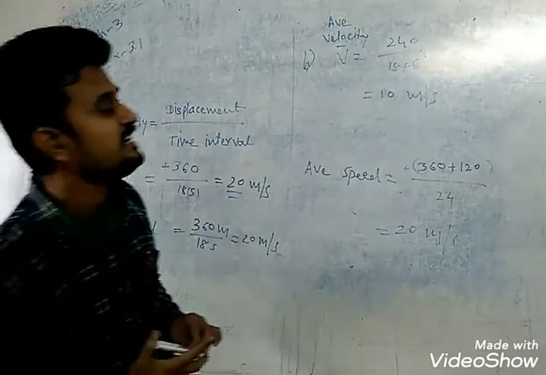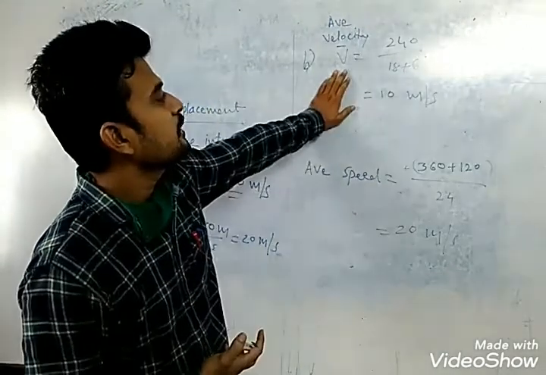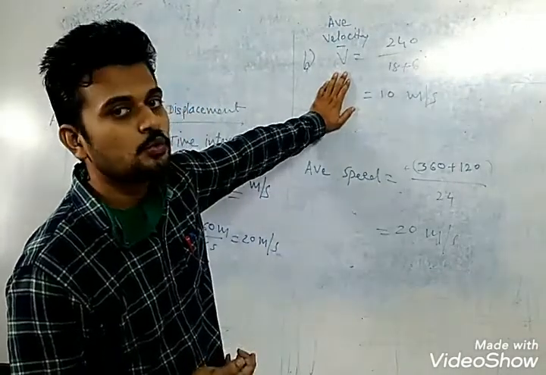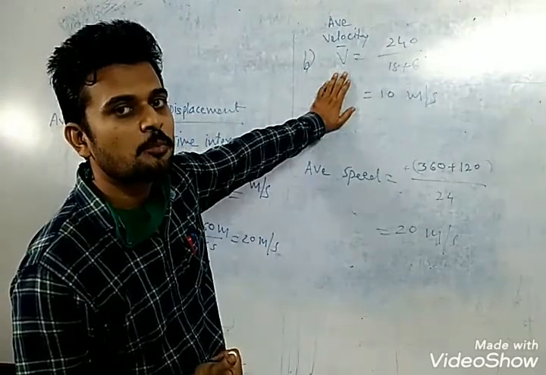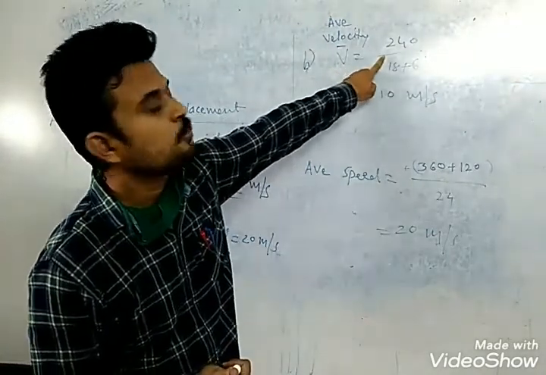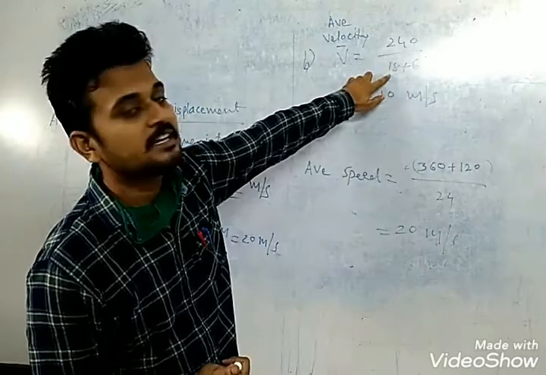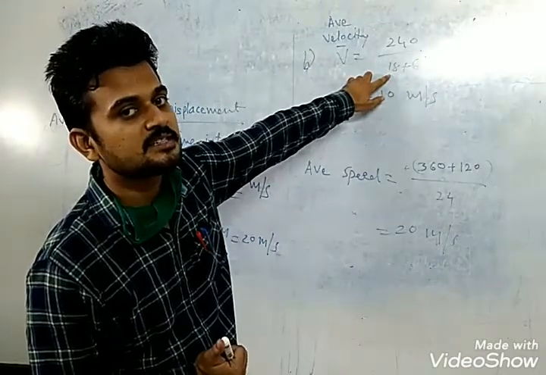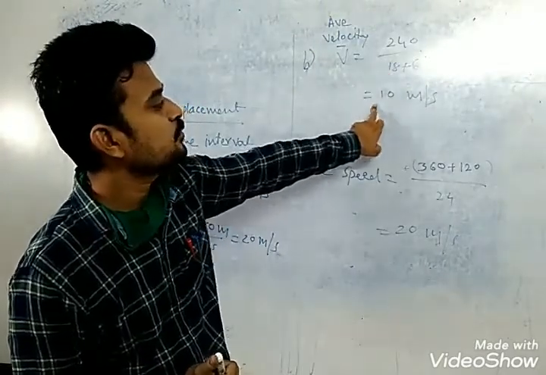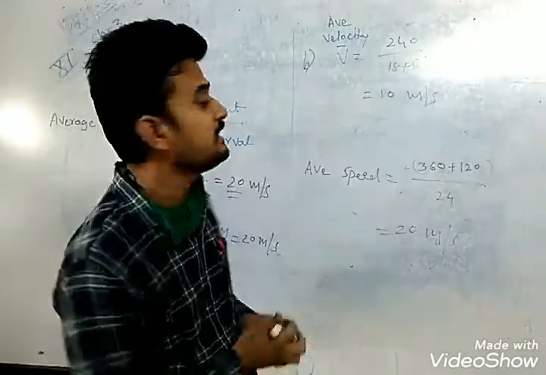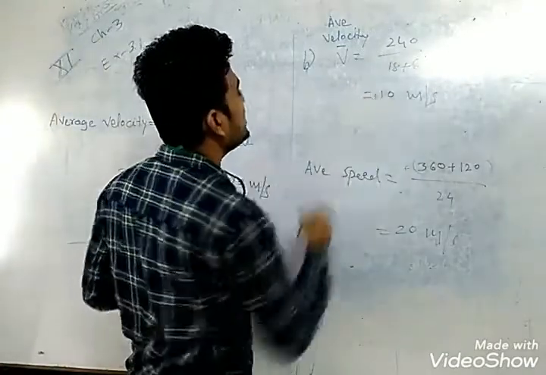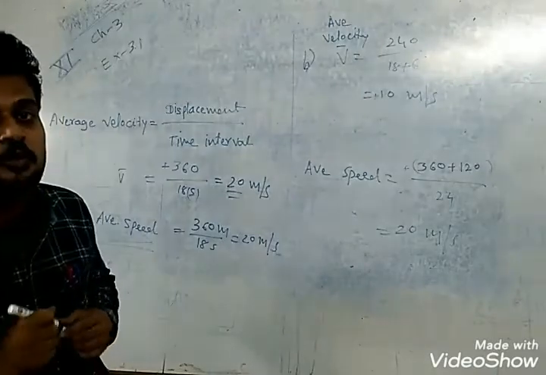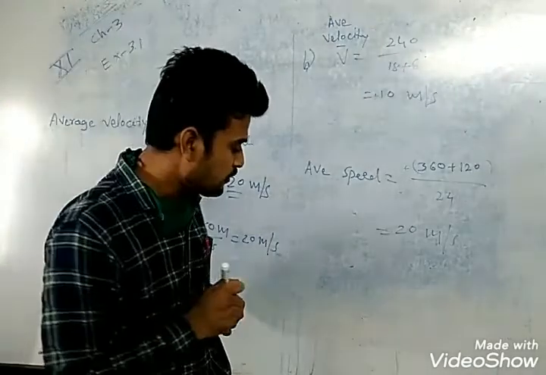Now in the second case, v bar is equal to the total displacement of the object, 240 meter, upon the total time interval, 18 plus 6, which is equal to 10 meter per second, a positive value for average velocity.